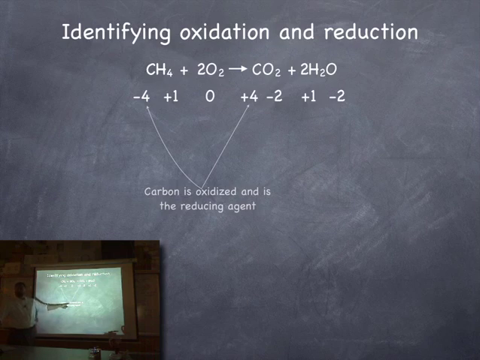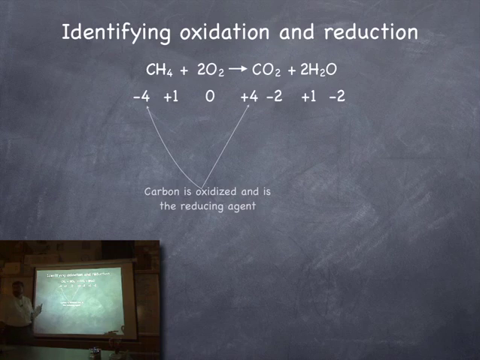If the carbon was oxidized, if the methane was oxidized, that means it lost electrons. Those electrons had to go someplace, which means something else had to get reduced. So we say that carbon was oxidized, and it is the reducing agent. And the agent here means that it caused that reducing in something else by being oxidized.